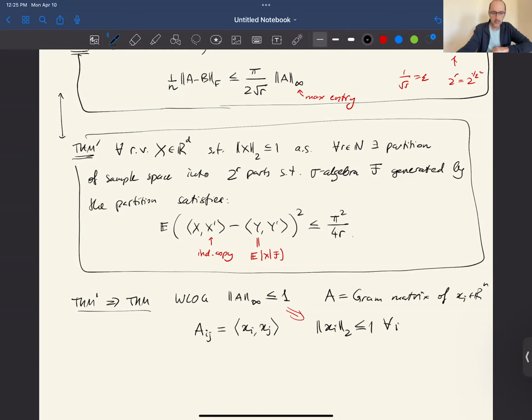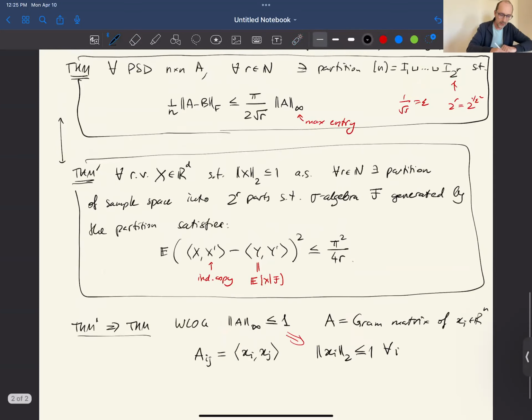So our input matrix A is a Gram matrix of some system of vectors that are small, that are bounded by 1. For simplicity, let's assume that they're all equal to 1.